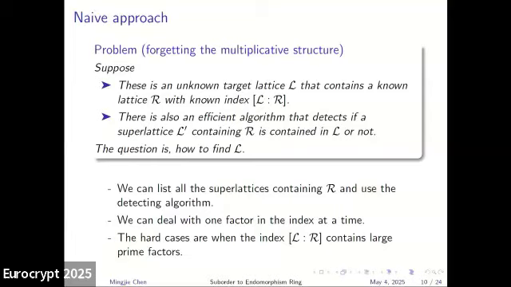A more clever way is to deal with one prime factor in the index at a time. So you list all superlattices containing R that have that specific index, which is that factor. So there are not so many of them, depending on the size of the factor you are dealing with. So this gives you some intuition that the hardest case seems to be the case when this index contains large prime factors.